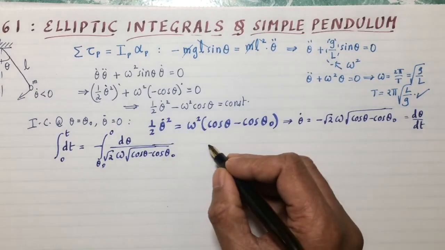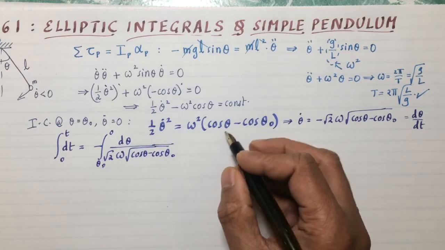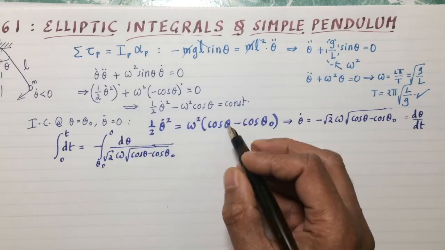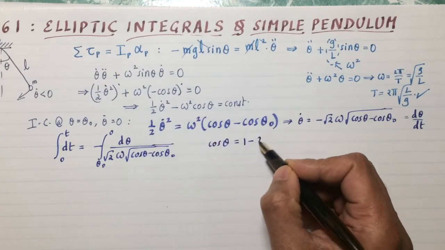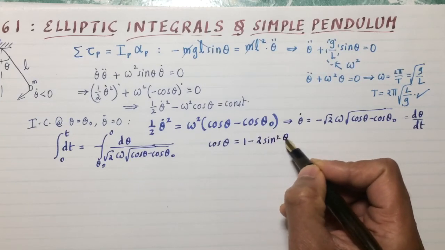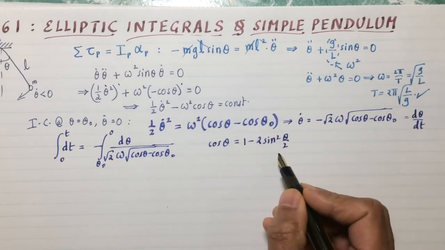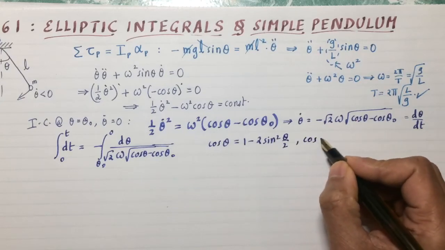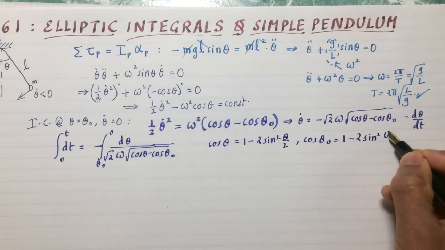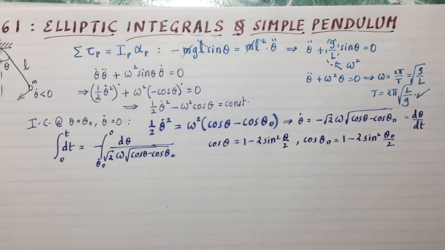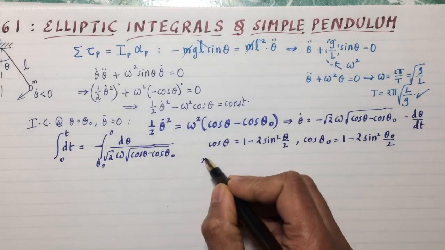Let's do the following. Let's write cosine theta as 1 minus 2 sine squared theta over 2. And we'll do the same thing for cosine theta naught. And then let's make the following substitution.